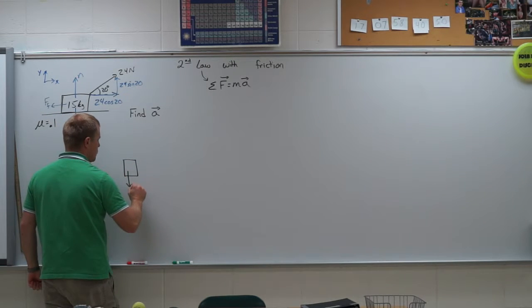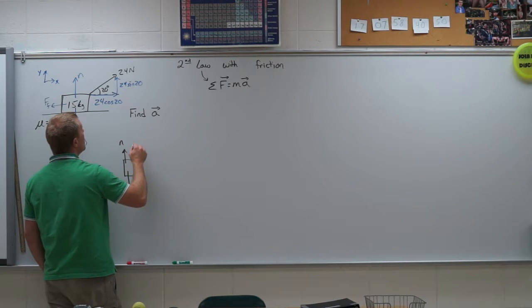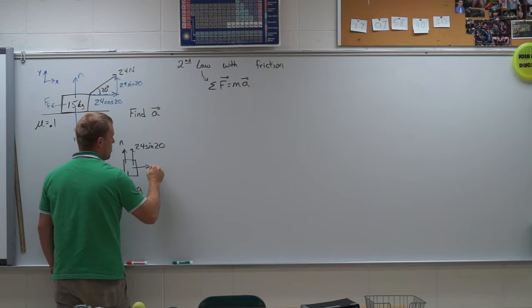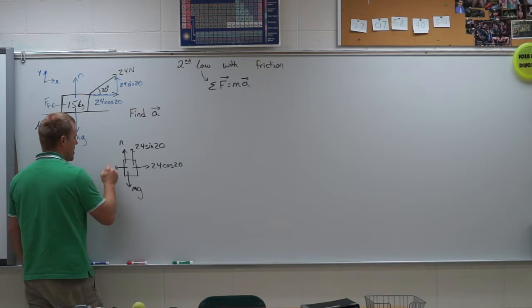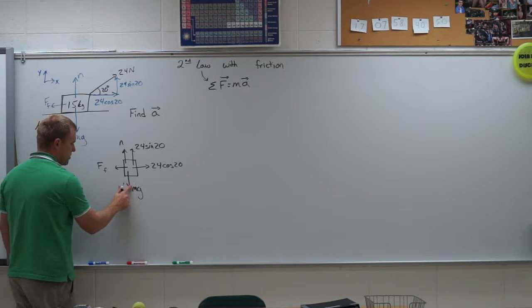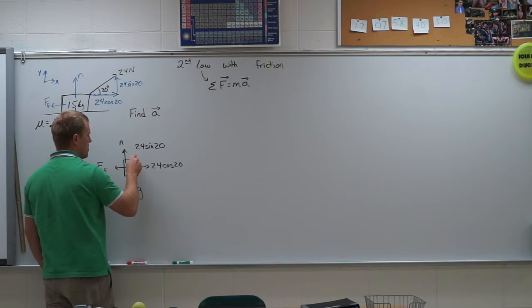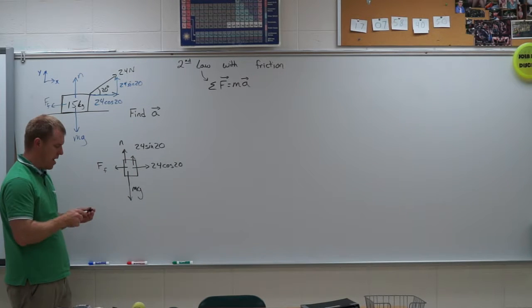We have mg acting down, the normal force acting up, 24 sine of 20 acting up, 24 cosine of 20 acting to the right, and the force of friction acting to the left. Now if I was trying to keep my sizes relatively the same, maybe something more like this would work, so that these two arrows would have the same length as that one.